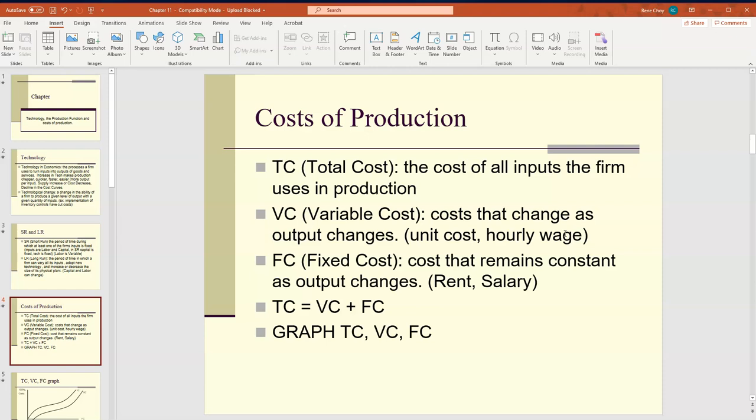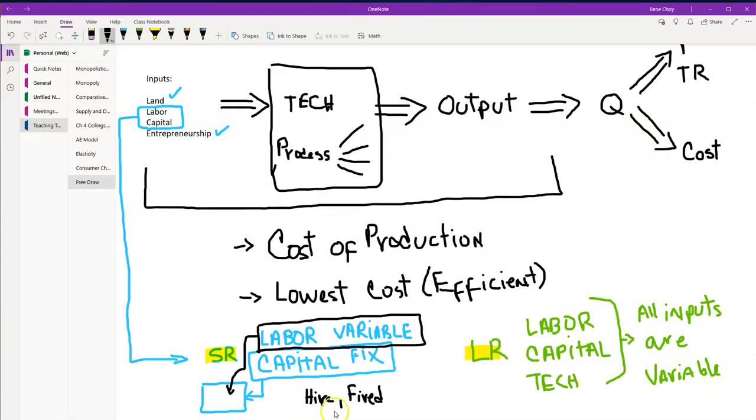Now, the more you want to produce, the more you have to hire people and the more you have to buy inputs to your production process, especially some of those raw materials. So a variable cost is a cost that changes as production changes. If you are at production equal to 0, then there is no variable cost. But if you are at production equal to 100, variable cost will be higher.